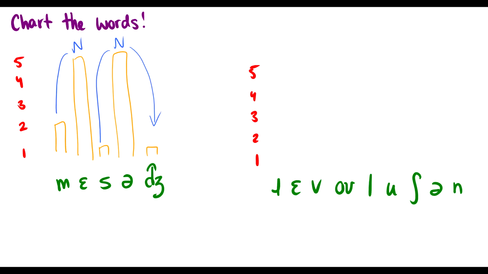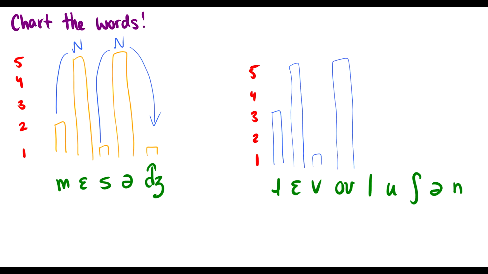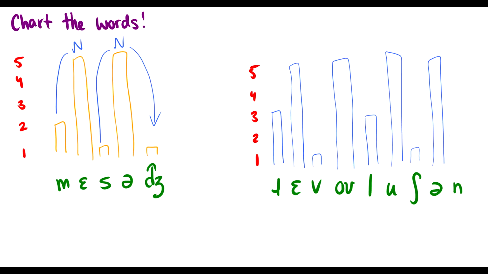R is a liquid. So, that is a 3. E is a vowel, so that's a 5. V is obstruent. O is a vowel, L is a liquid, that's a 3. U is a vowel. Sh, obstruent. E is a vowel. N is a nasal.